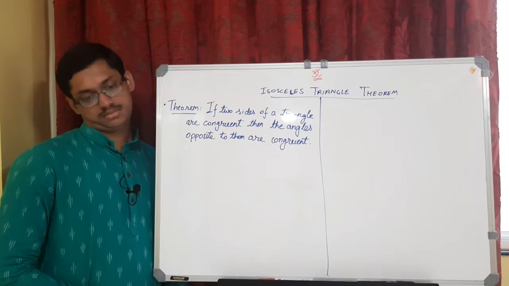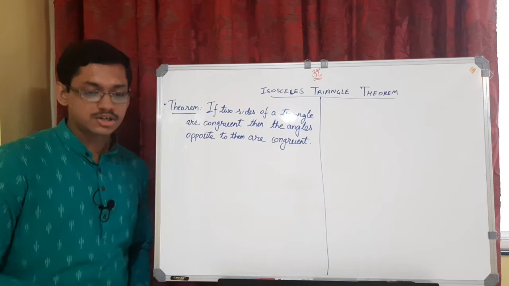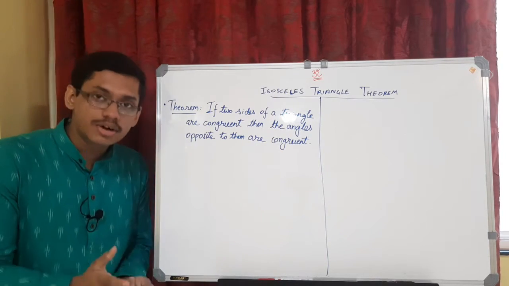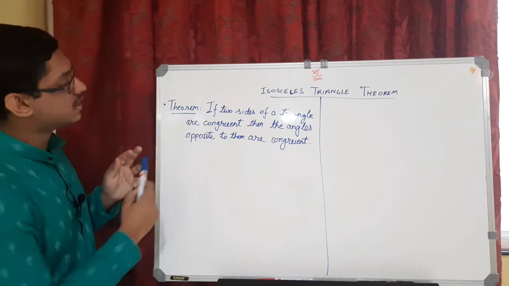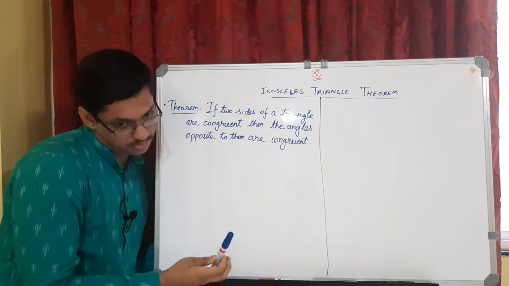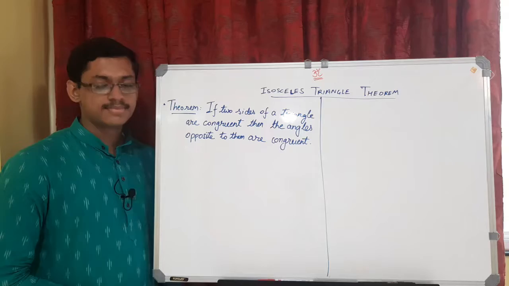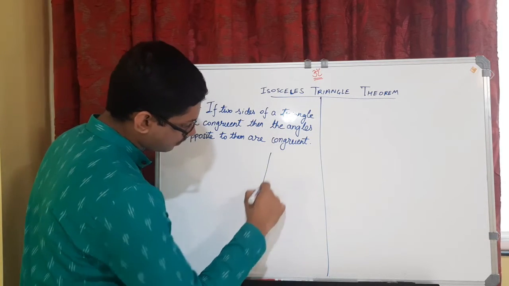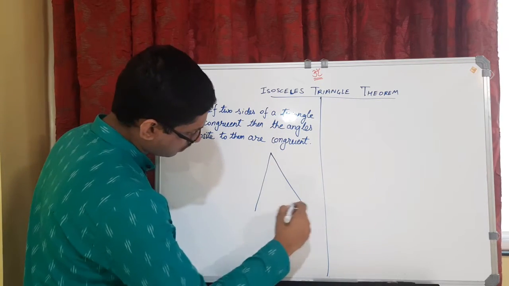I don't know, sir. First, we need to draw a triangle where two of its sides are congruent, because that is what it is written in the theorem, if two sides of a triangle are congruent. Oh, okay. Sorry, sir. It is okay. So now let's draw the triangle like this.